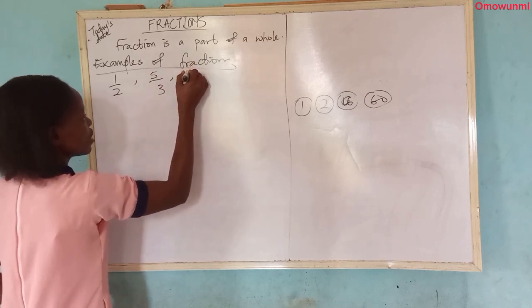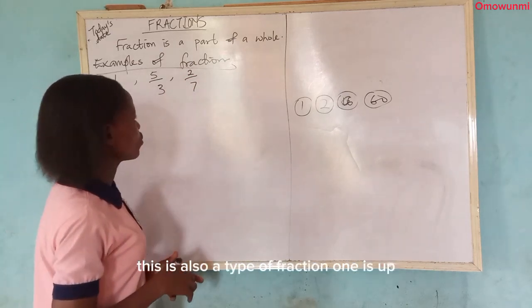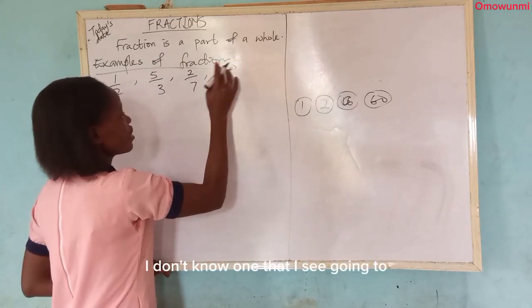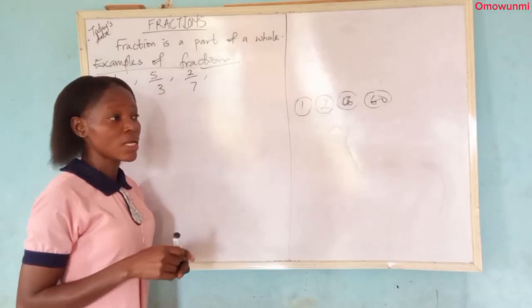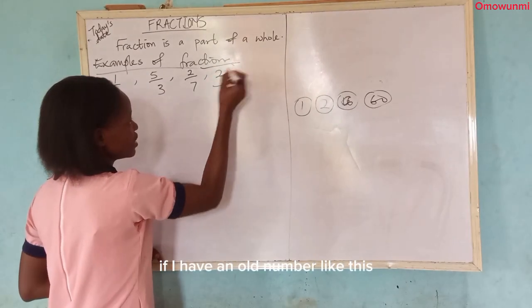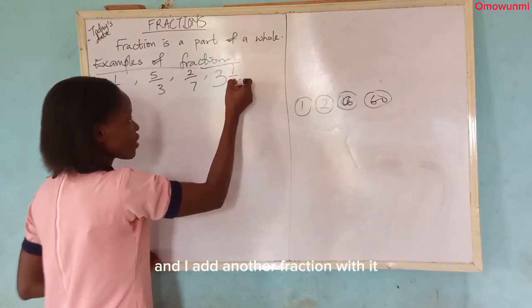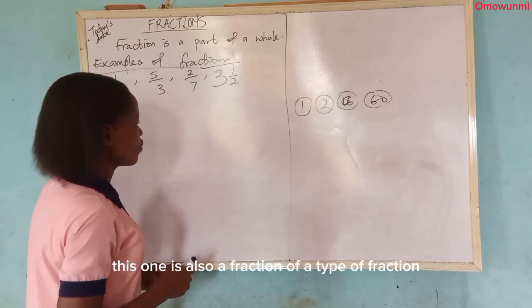Another one, 2/7. One is up, one is down. If I have a whole number and another fraction with it, this one is also a fraction, but a type of fraction.